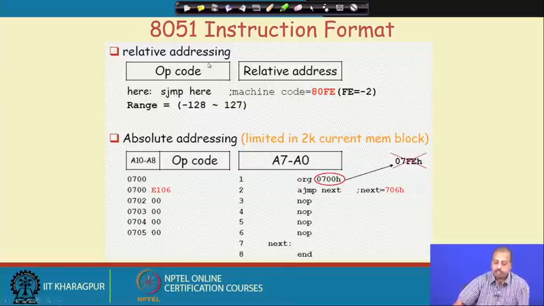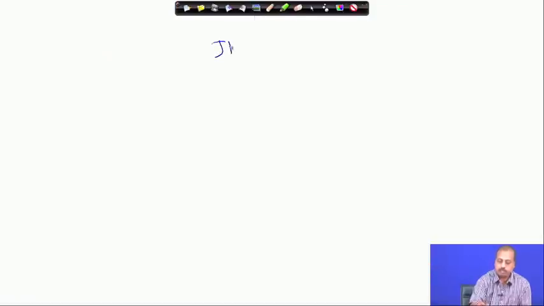Then we have relative addressing. Relative addressing is one category that comes in the context of jump instructions. If we look at the JMP instruction in general, and all these jump operations that we have, then in any processor the instruction has some opcode for jump and then the address to where you want to jump.